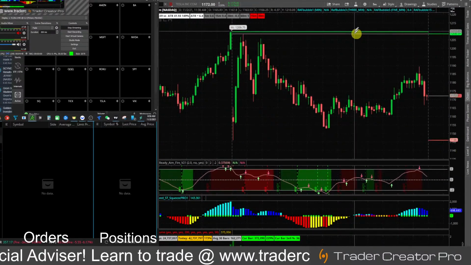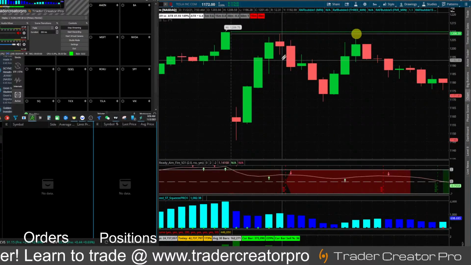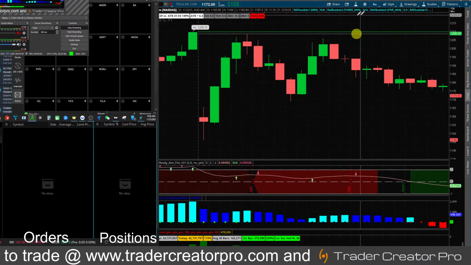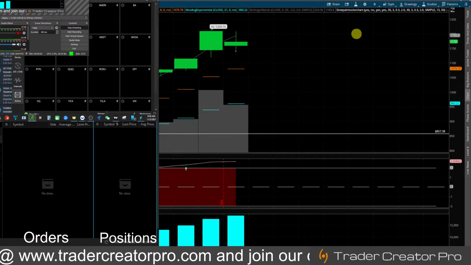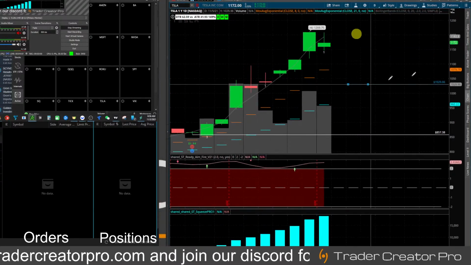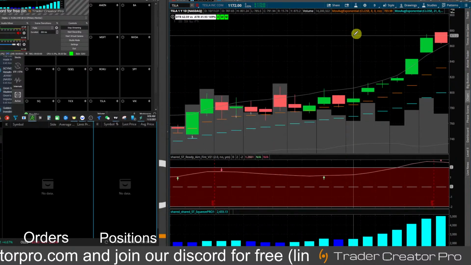It's a 1 if the candle is within the previous candle. I don't have the 1s and 2s on this chart right now, but to give you an example, I'll maximize this. I plan on doing a video on this at some point, so it might be up if you're watching this as a replay.